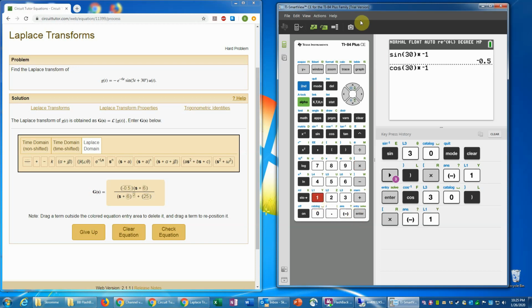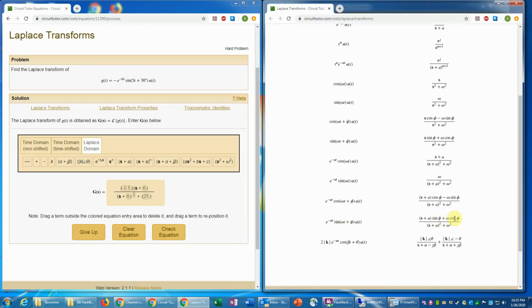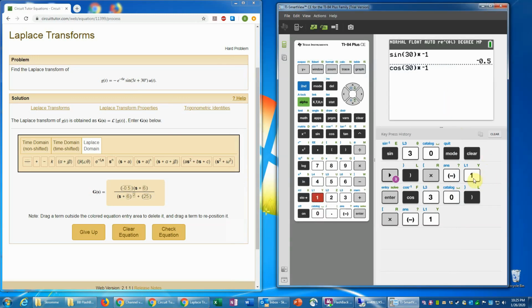And we also need to multiply by, in this case, the value of omega. And remember, omega is 5. So we'll also multiply times the 5. And so that'll give us -4.33.